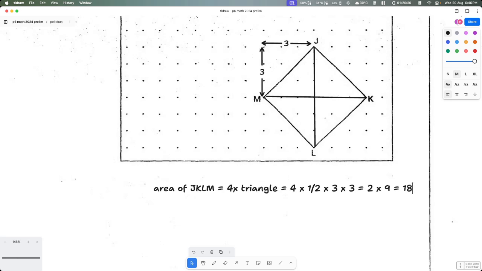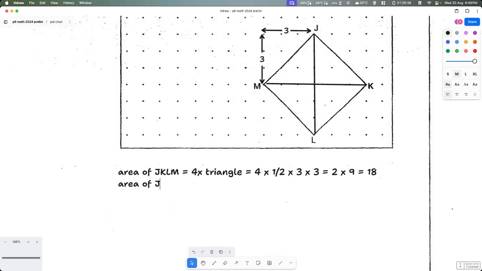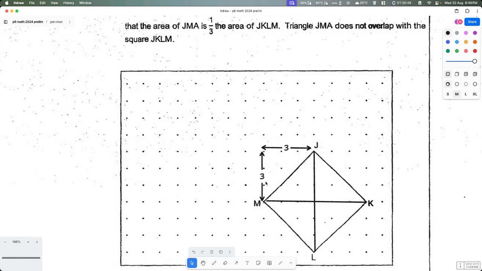So 18 squares. So area of the triangle JMA is equal to one third times 18, which is 18 divided by 3, which is 6. Okay, so we want to get 6 worth of squares. That's what we see over here.